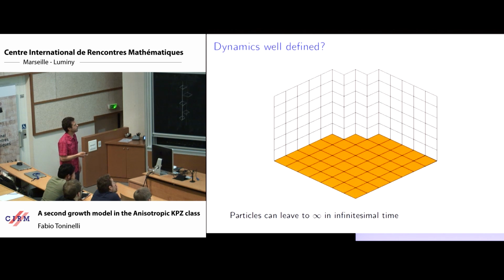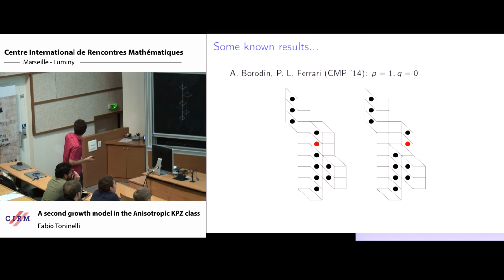So, let me make the link with the dynamics that appear in the Vadim slide. This dynamics, at least in the totally asymmetric case, was introduced by Borodin and Patrick Ferrari in a paper that I think appeared in '08 originally.